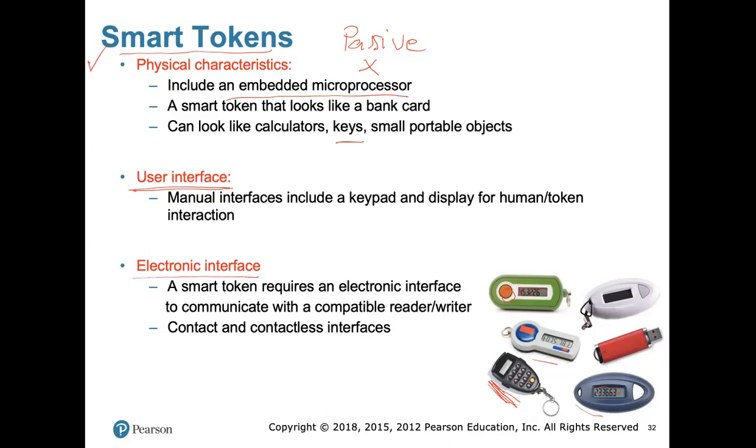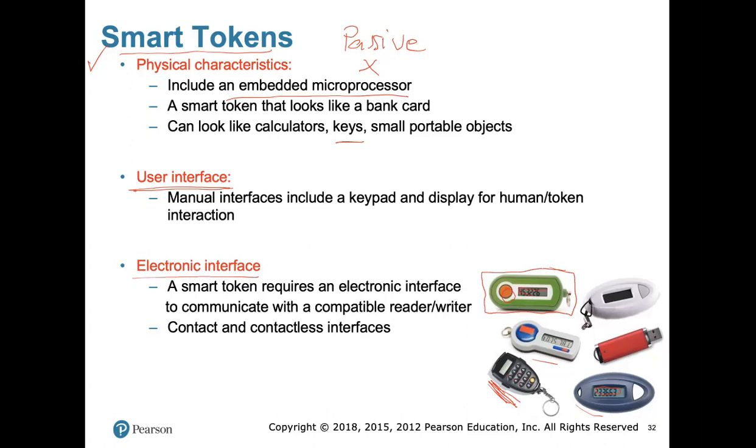The electronic interface will be used in order for the token to communicate, to talk, to negotiate with the authentication server. So this device is supposed to be used by the user in order to get access to some services. And it is supposed to enable me to be authenticated.